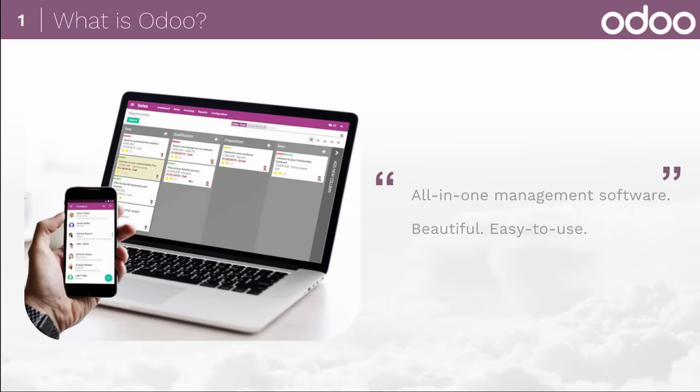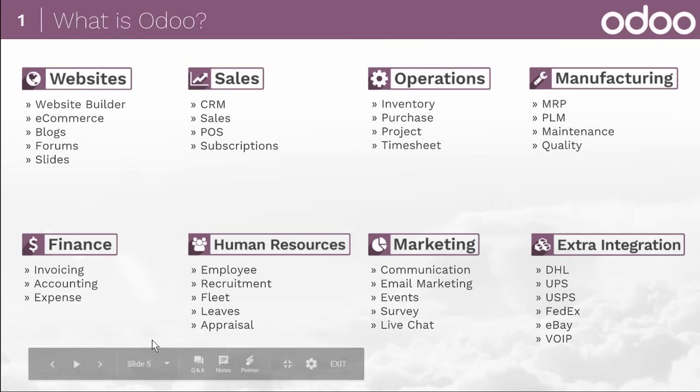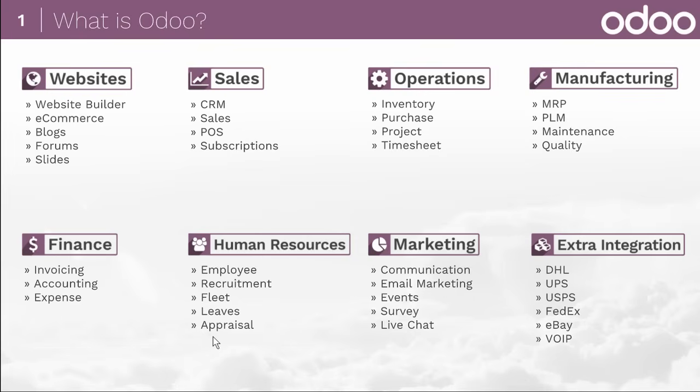It's a beautiful solution, easy to use compared to other software, and fully integrated. Those are the main aspects of the solution. As you can see here, we also do e-commerce, websites, operations, procurement, project management, manufacturing, human resources, and marketing. But today we're only going to focus on a maximum of three different apps.